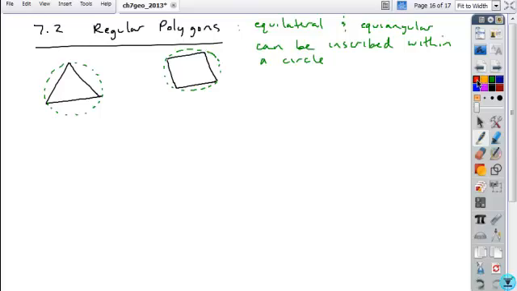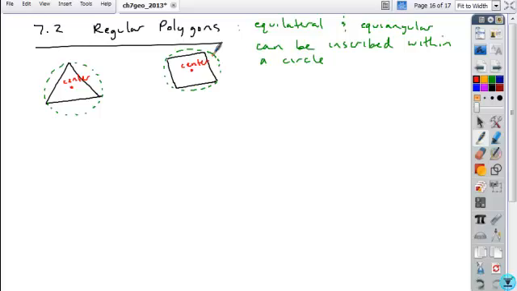And this is the property that we're going to look at today as we go through the anatomy of these. So each regular polygon will also have a center. And it happens to be the center of a circle that passes through all the vertices. So the center of the circle is also the center of that regular polygon.